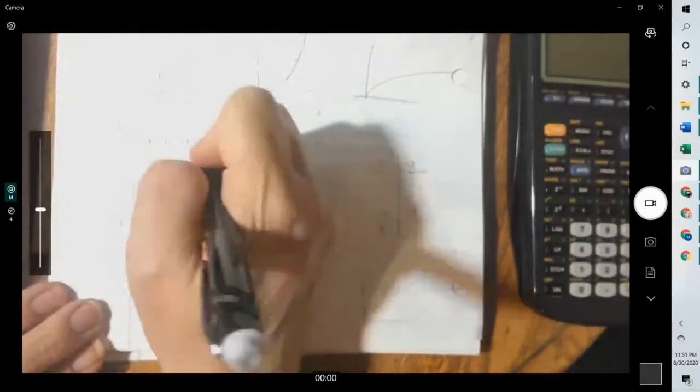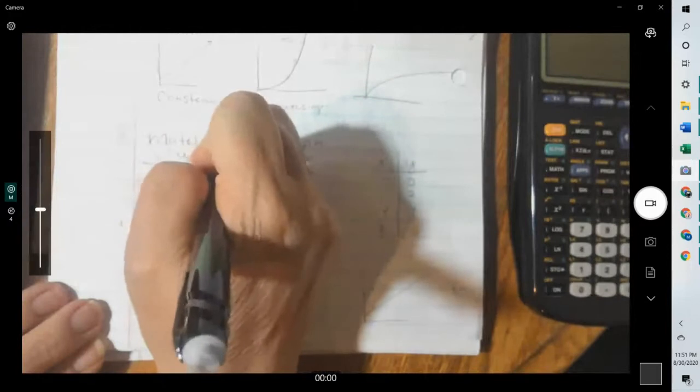So when we find this rate, we're dividing by 1. So 5 minus 2 is 3 over 1. And this one, 8 minus 5 is 3 over 1. 11 minus 8 is 3 over 1. This is constant.